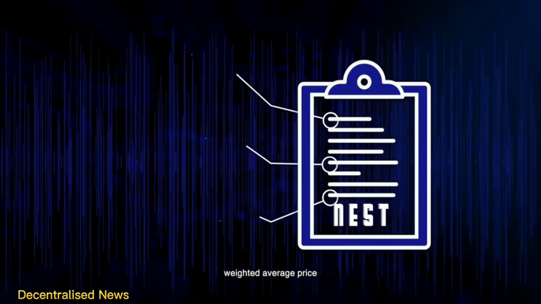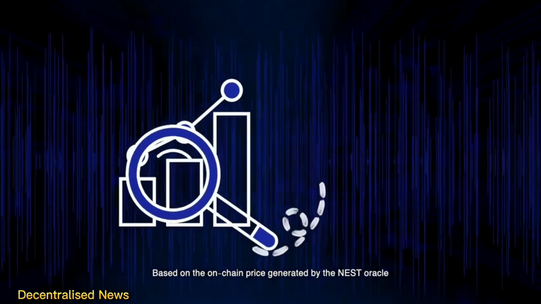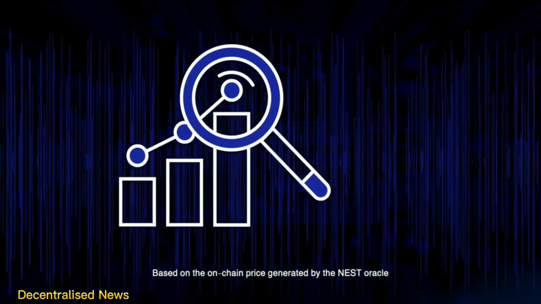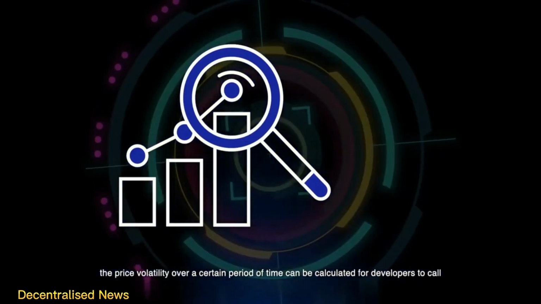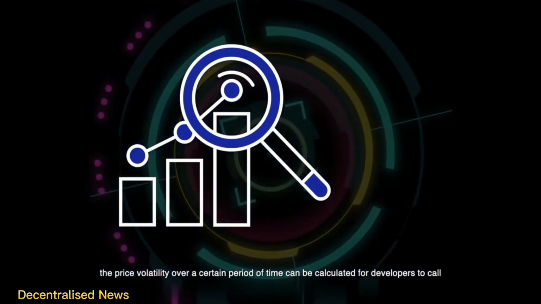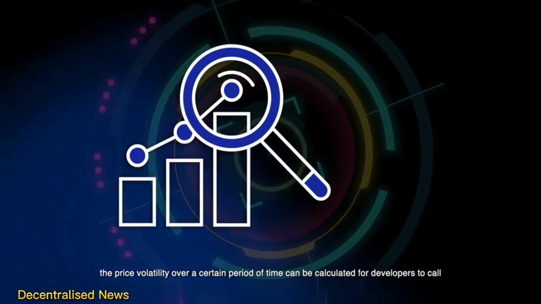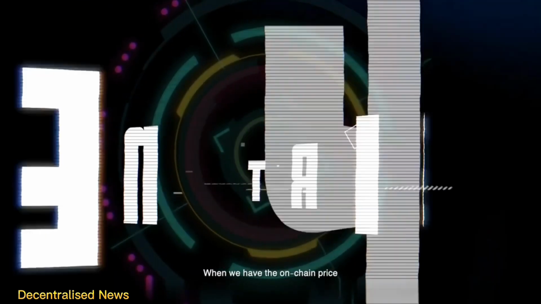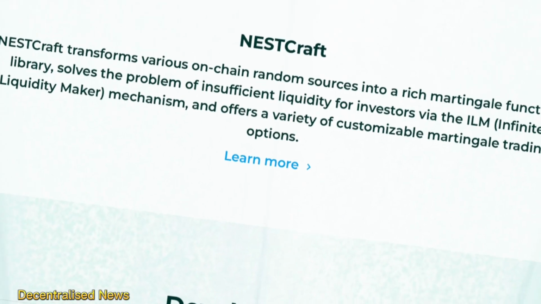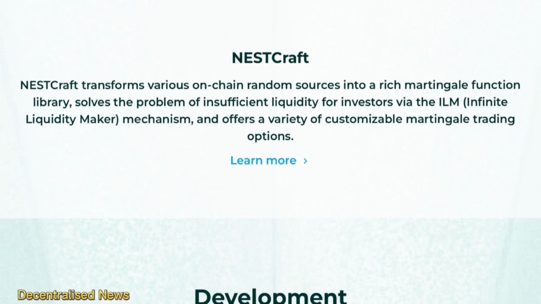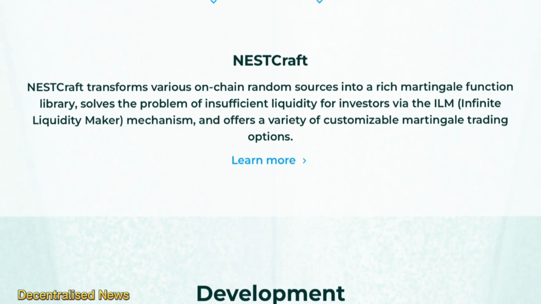So Nest Oracle delivers a decentralized on-chain pricing data, and Nest Assets are created and destroyed by Nest smart contracts, supplying currency units for martingale transactions with Nest. Okay, so Nestcraft, on the other hand, transforms various on-chain random inputs into comprehensive martingale function libraries, granting access to a wide array of customizable trading alternatives.